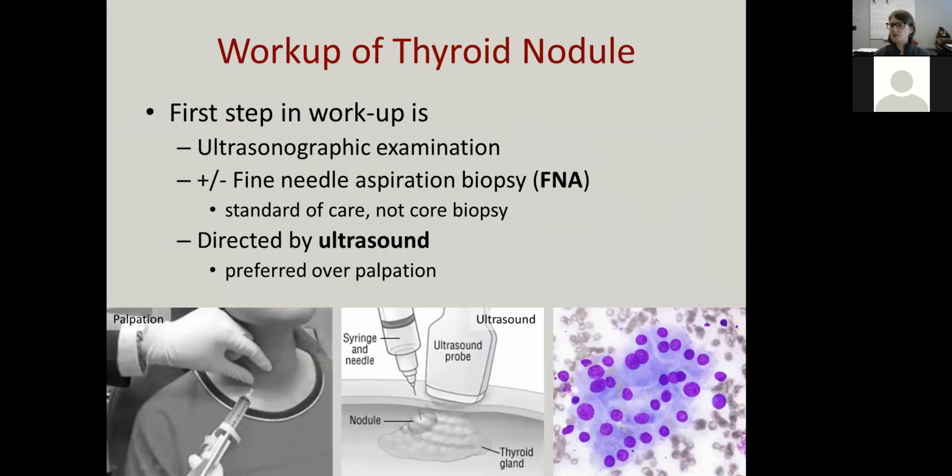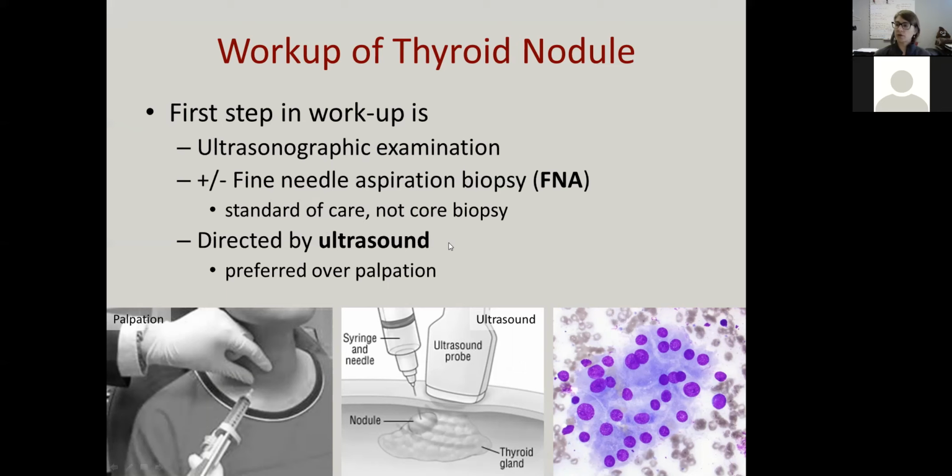When a thyroid nodule is determined to be suspicious enough for further workup, of course, ultrasonographic examination followed by fine needle aspiration biopsy is standard of care. In general, ultrasound guidance is preferred over palpation because, as you know, many of these patients have multiple nodules.